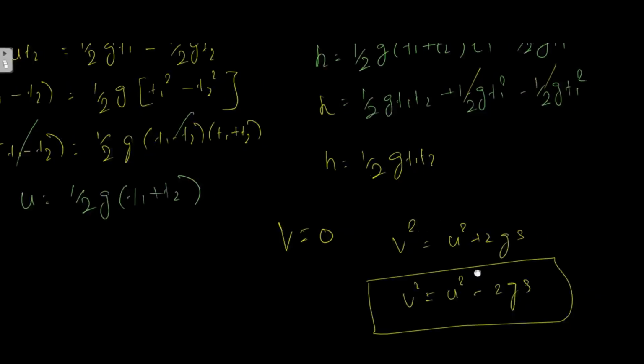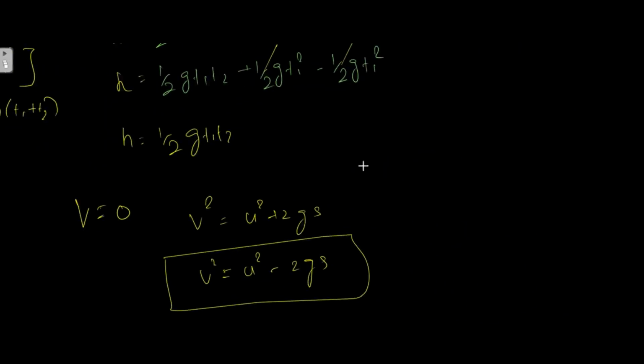So to get the maximum height, v equal to 0, so 0 square equals u square minus 2g h max, since at the time of projection u is upward and g is downward. Why am I writing h max here? Because only at h max is the velocity zero. So I need to find h max.